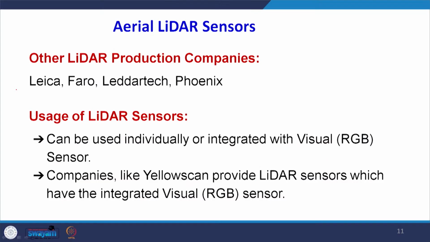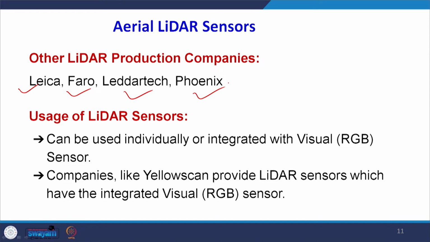Better is the resolution, higher is the cost. It's very simple. So these airborne LiDAR sensors are manufactured by various companies which are written over here: Leica, Faro, LiDAR-Tech, Phoenix, and we can use them individually or we can integrate them with the RGB sensor.